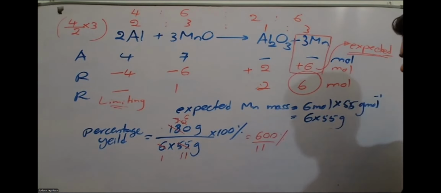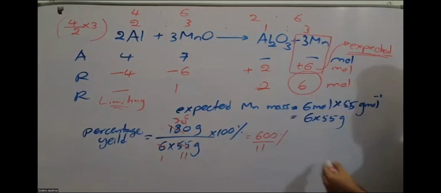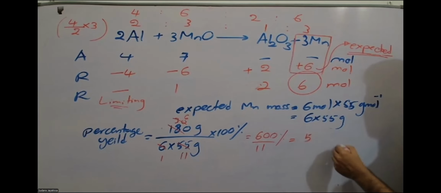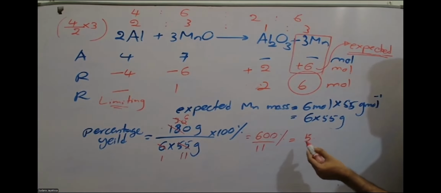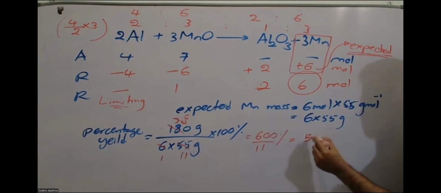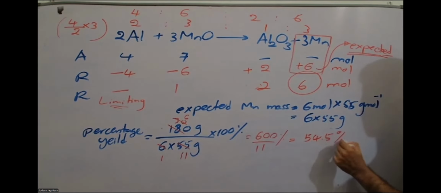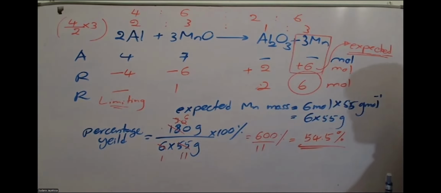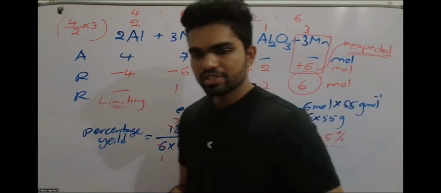For 50, 60 you have 5, 55, and 54.5 will be given. If you just simplify it, you will get it. Understood? So our answer is going to be the second one. It's a nice question, isn't it?